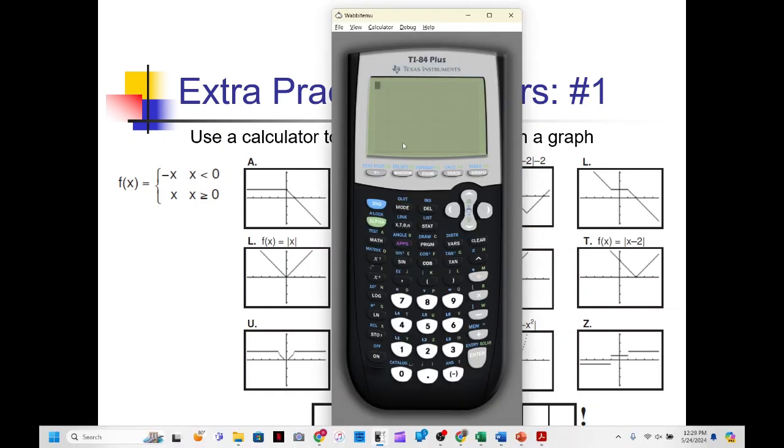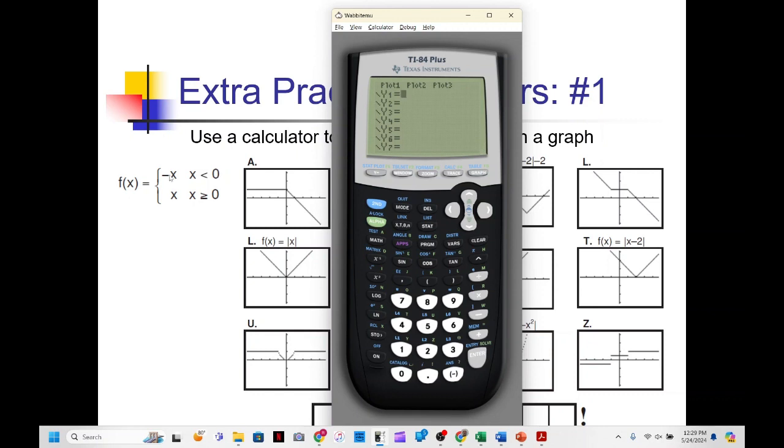So here I am on my grapher. To enter this in the y equals, it's a little bit tricky. The way they showed it on the handout is you have to basically put your branch, your function, in one parentheses and multiply it by another parentheses that has the inequality in it.